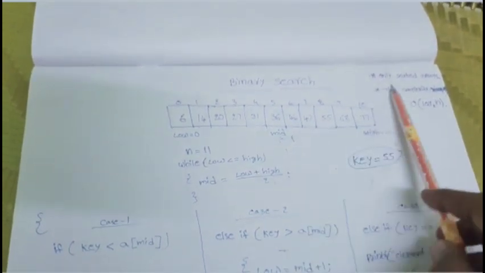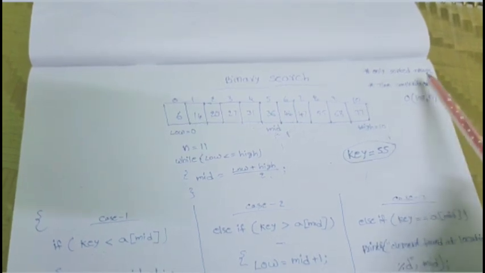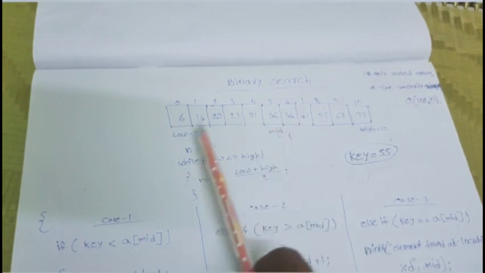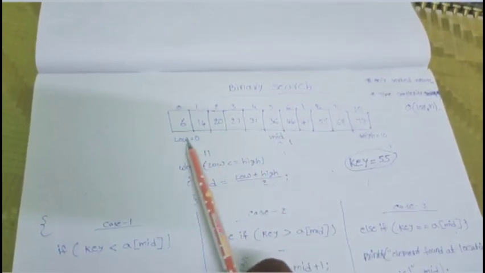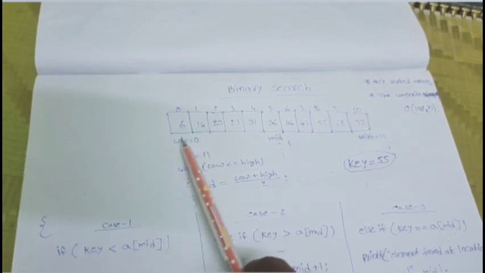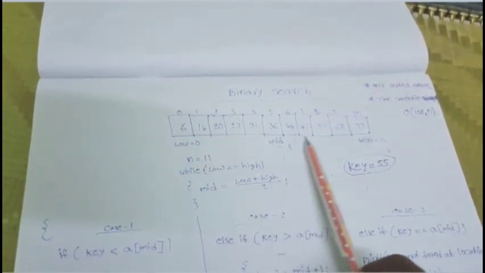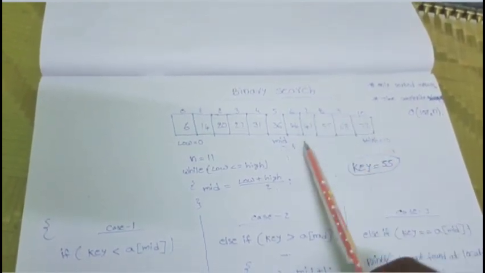Hence binary search works only on sorted arrays. So we are taking ascending order, where the elements are increasing from low to high. Since it is a sorted array, we can use the binary search here.